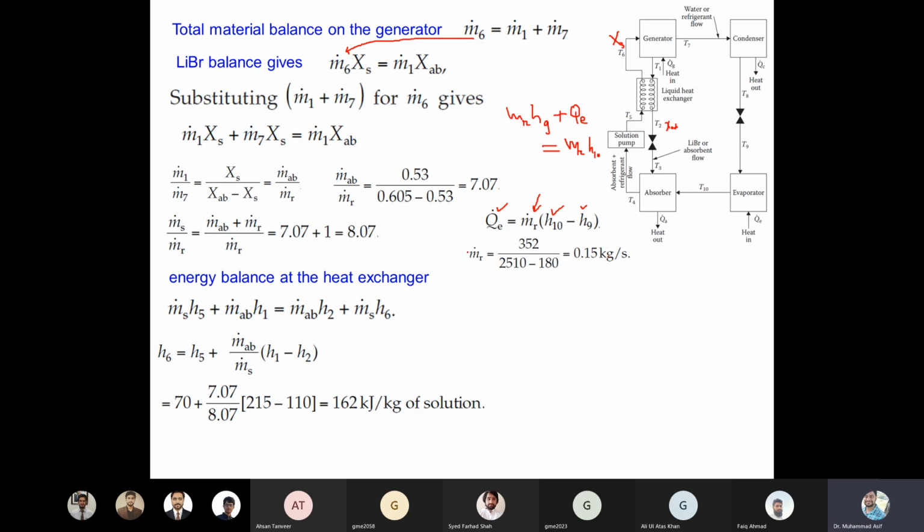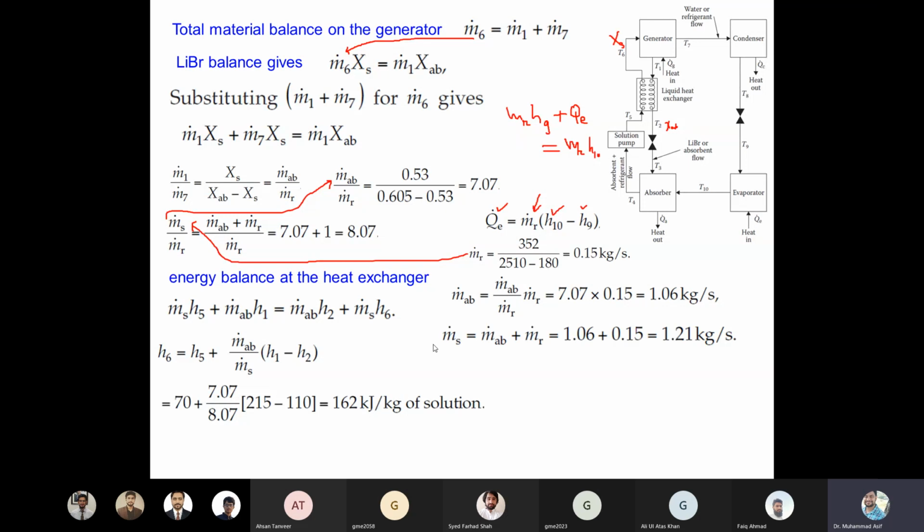Once we have that, we know the ratio, right? We can calculate the mass flow rate of the concentrated solution, and the mass flow rate of the absorbent.